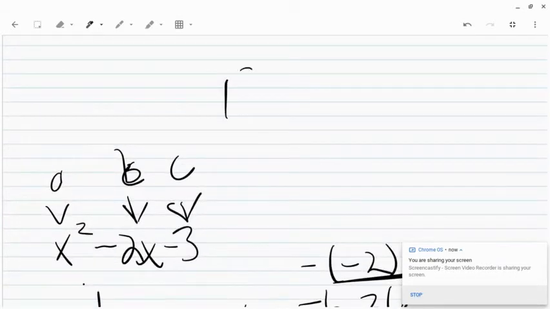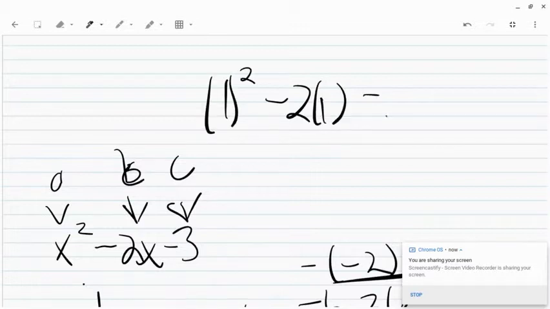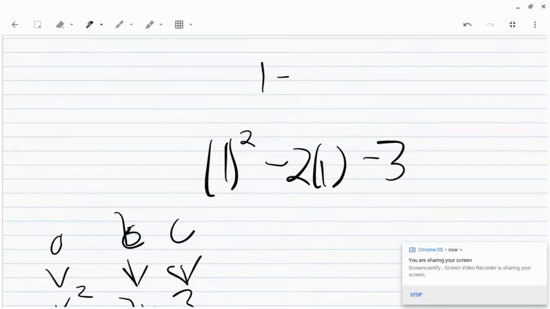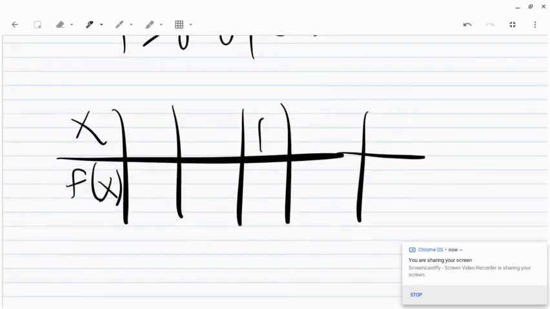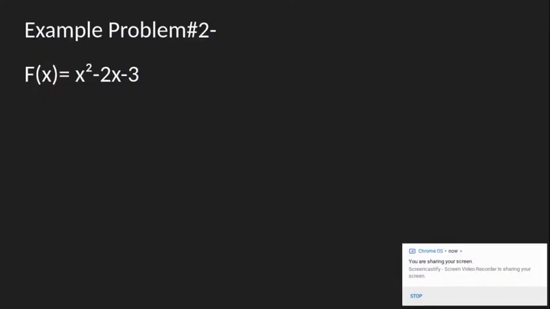So 1 squared minus 2 times 1 minus 3, which just gives you 1 minus 2 minus 3. 1 minus 2 is -1, minus 3 is -4. So now you write this over here, 1, -4.